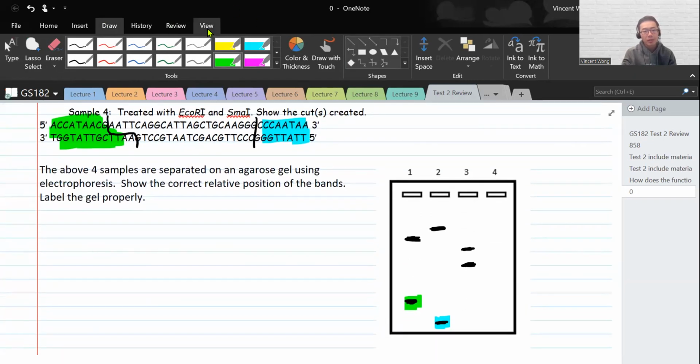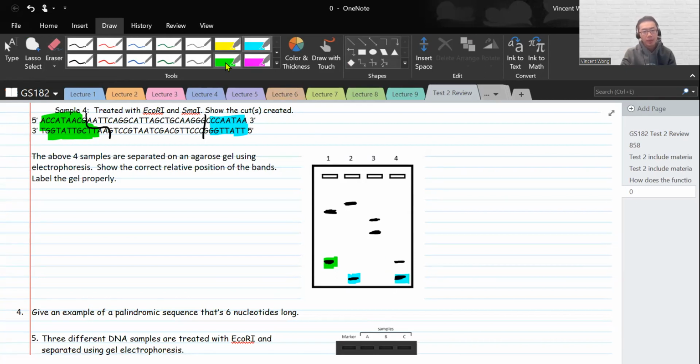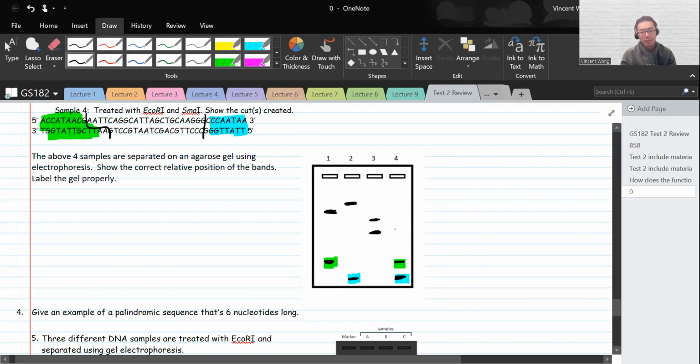So when I mark your paper, I would need to see that in lane number 4, you would have a band that's exactly where the green one was in lane 1, and exactly a blue band where lane number 2 is. And then the third one is probably somewhere up here. Negative to positive.